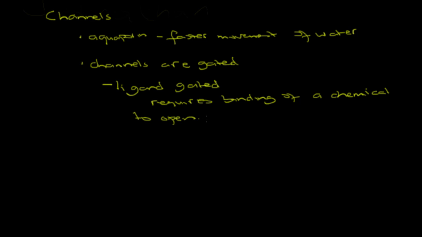And an example of this, and something that we'll be looking at later on, is acetylcholine. This has to bind to the nicotinic receptor on the skeletal muscle in order for that channel then to open.